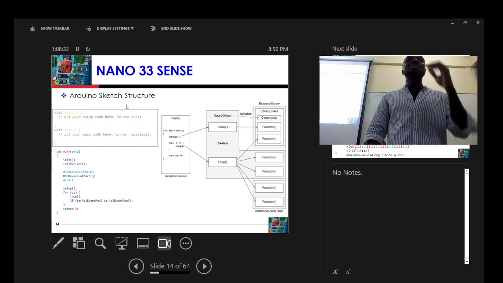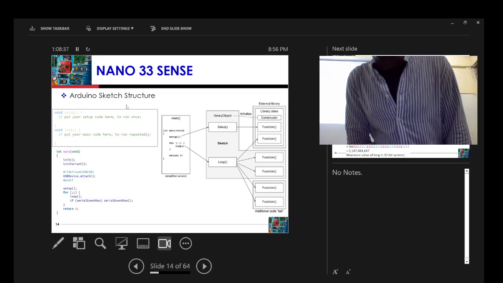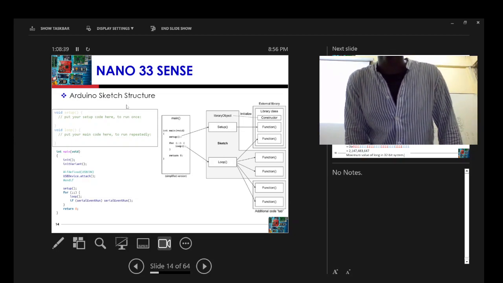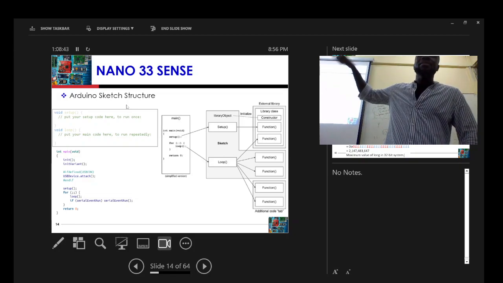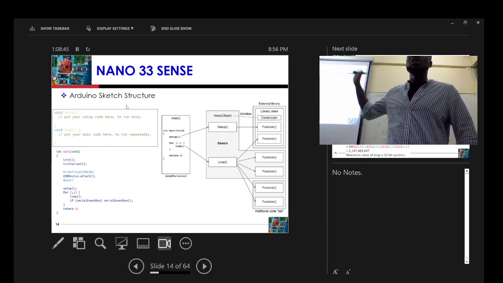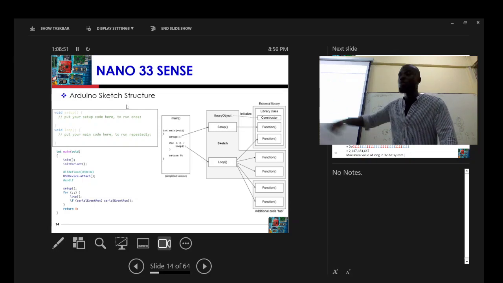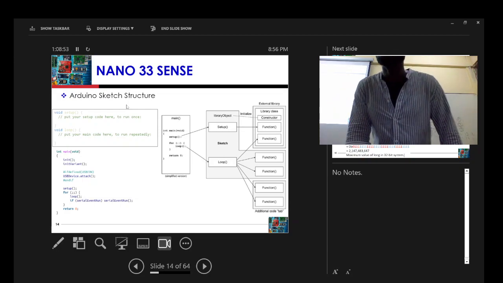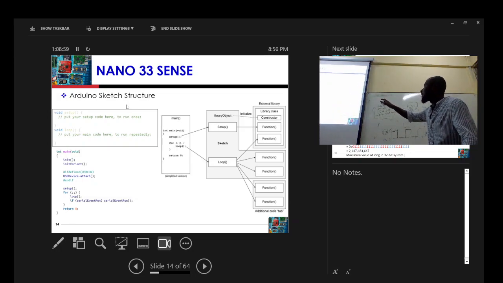I said this the last time. It will initialize every value within it, right? Then what does the loop do? So it runs the code, it loops the code. Loop is an English word, so you should understand what the loop is.